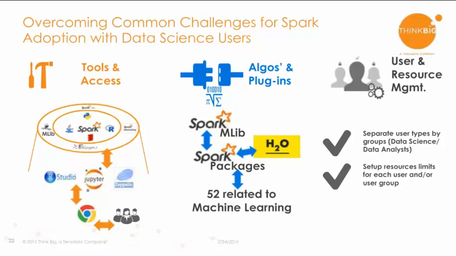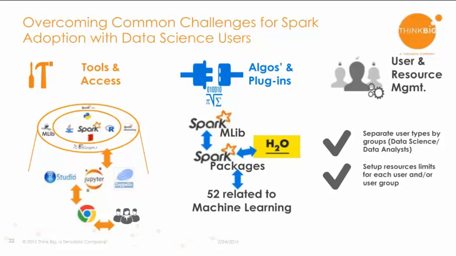The second one is around algorithms and plugins. Today, Anand was presenting a few algorithms available in MLlib. But I just want to call out that it's important to look at the amount of plugins that have been created in the Spark package ecosystem. If you're solving a business problem and the algorithm you need is not available out of the box, you have other options.